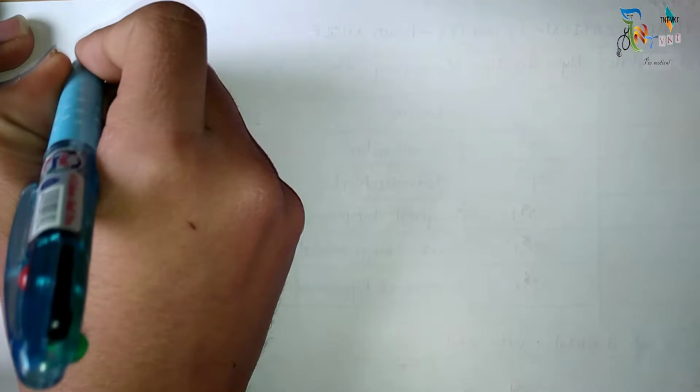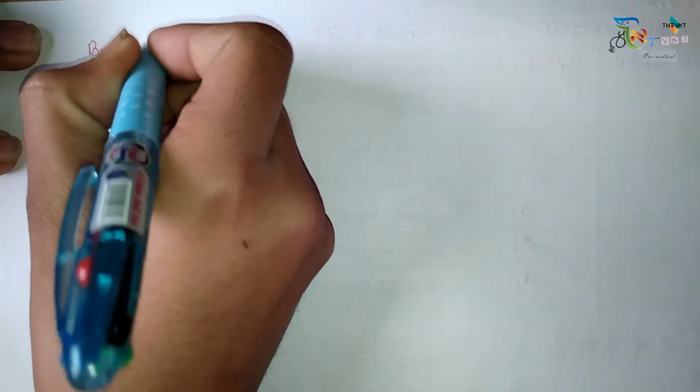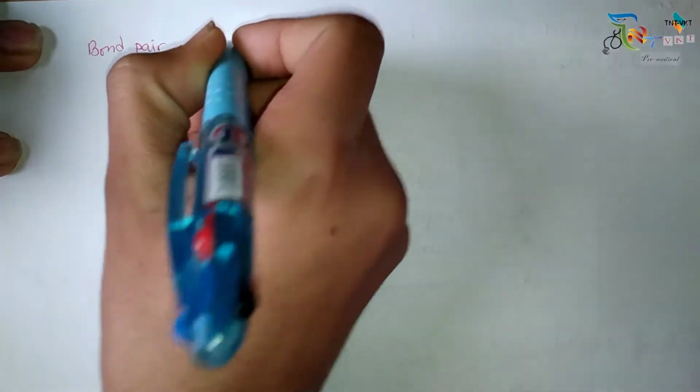Now we'll be discussing lone pair cases. The formula for lone pair cases goes like this: bond pair, lone pair.